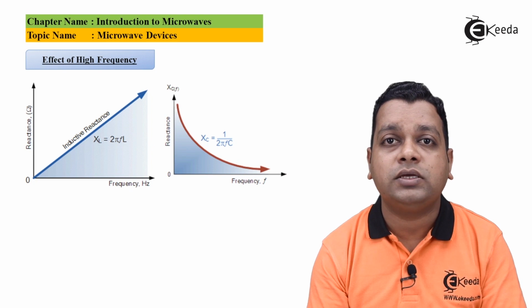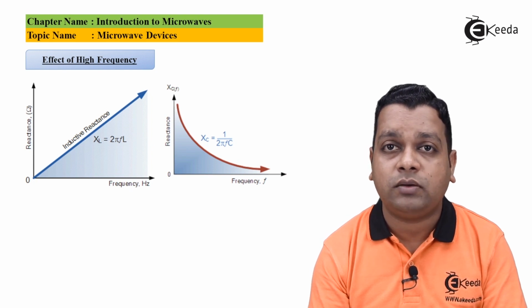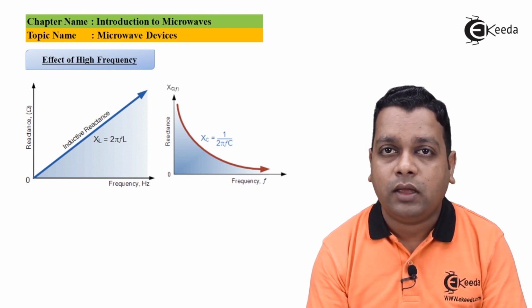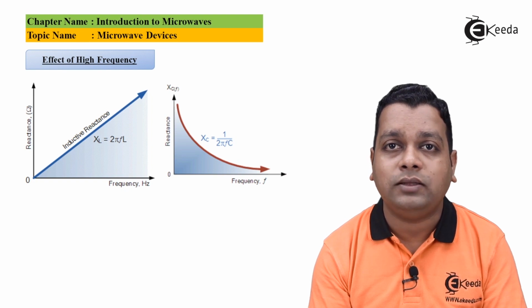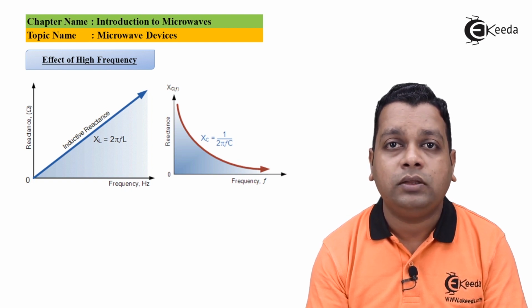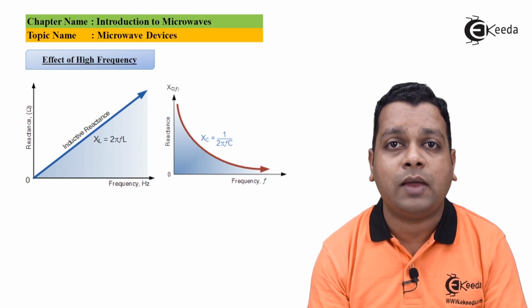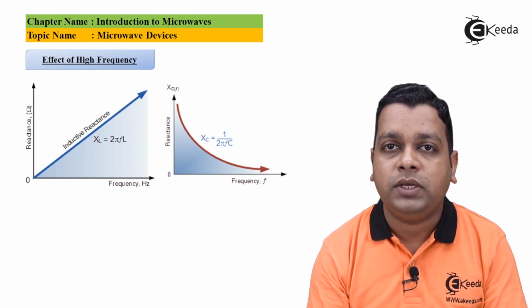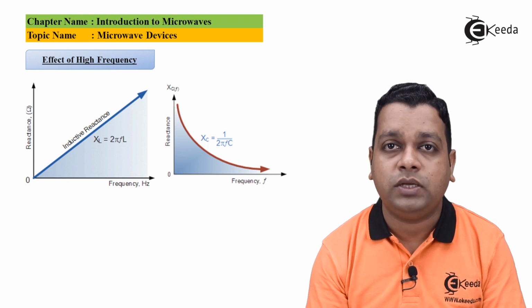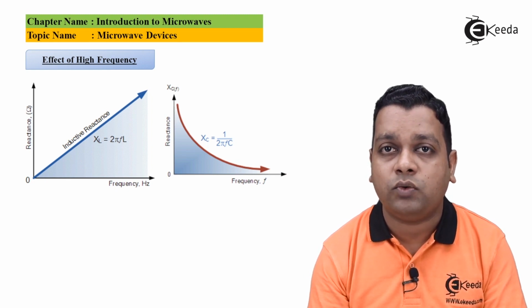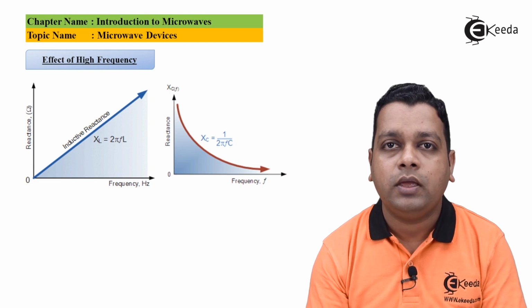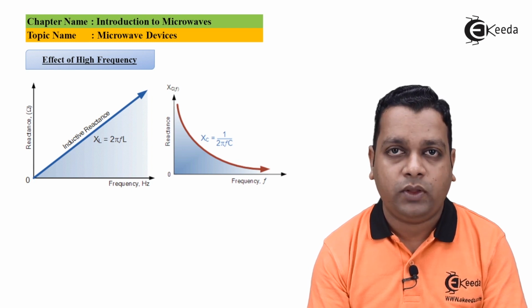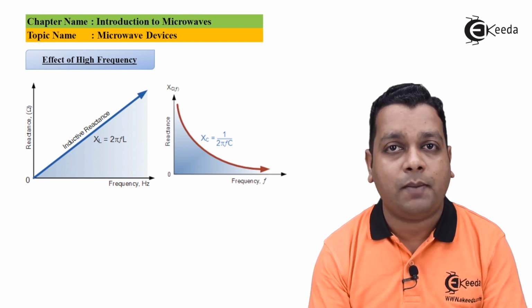If you take the case of a triode, it has 3 terminals: cathode, anode and the grid. Between the anode and cathode there is a capacitance that we can simply write as C suffix P and K. P is for the plate representing the anode and K for the cathode. So if you increase the frequency, what is the effect on the reactive capacitance?